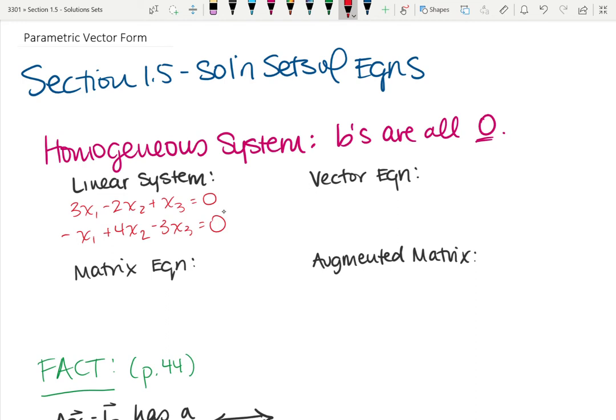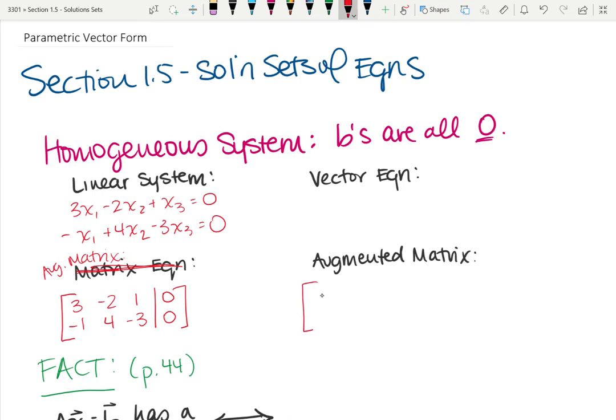If you have it in a matrix form, the coefficient matrix would be 3, -2, 1, -1, 4, -3, and the right side would be zeros. That's the augmented matrix.